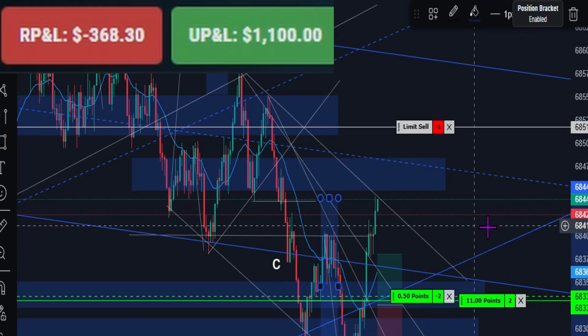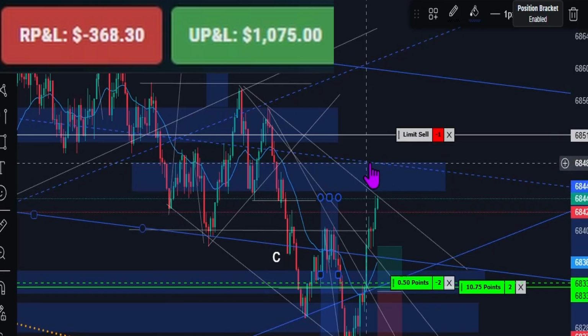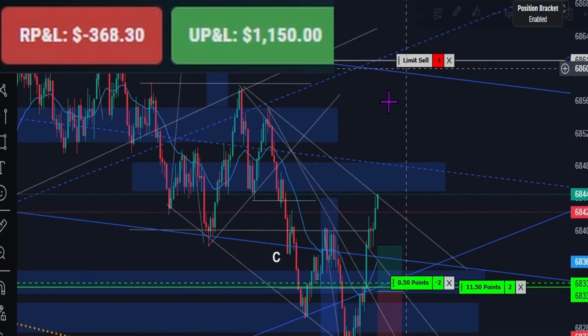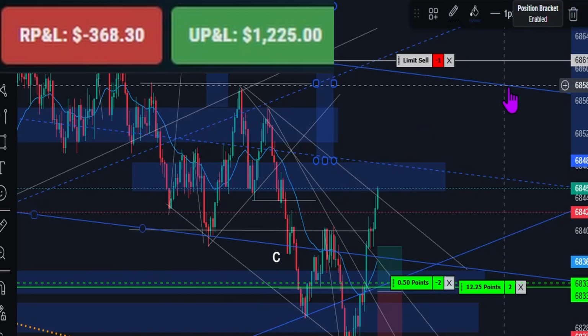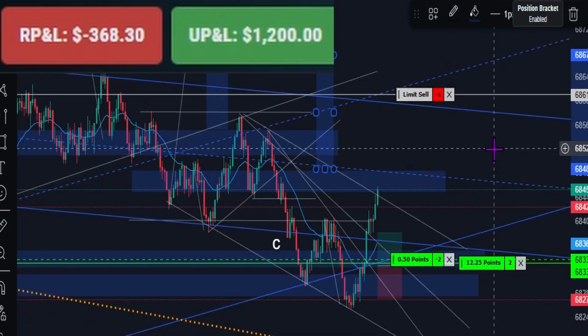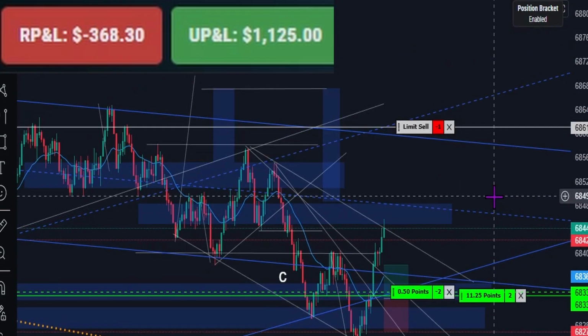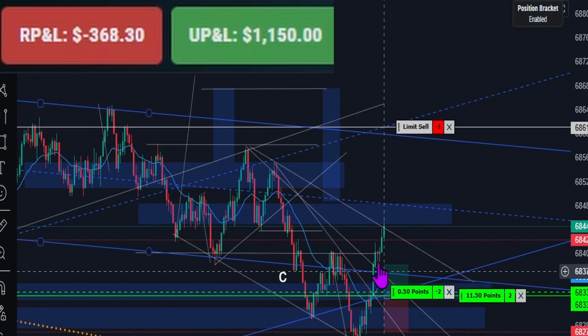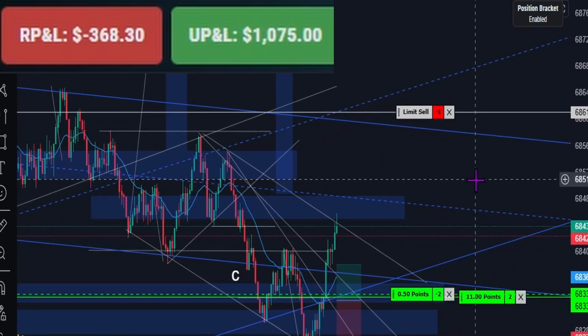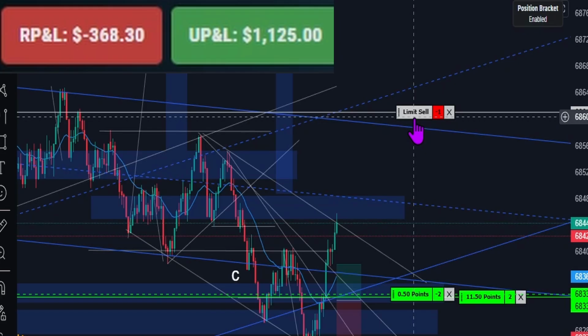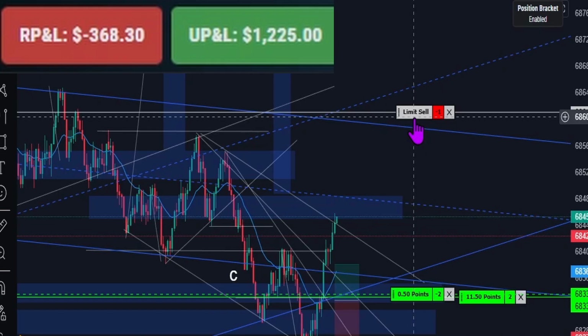Now you can see we are trading this range here, and I expect a rotation to the top of the range. There is also a channel here, but I don't think this is going to be something interesting for us. We could also go for one target here.